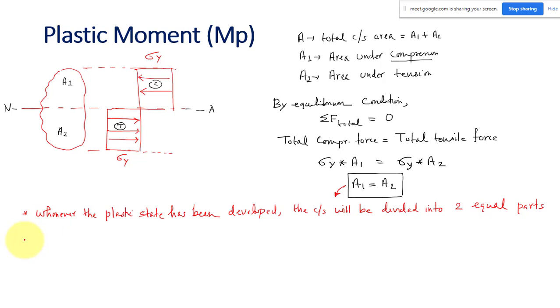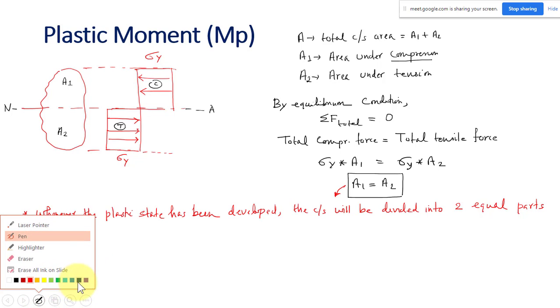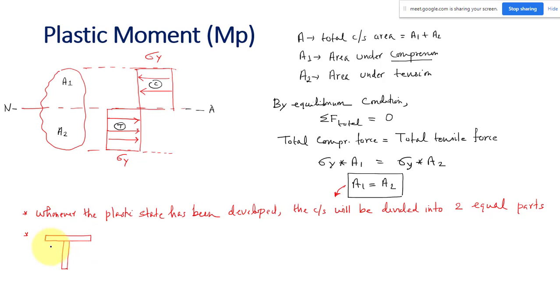Okay. So maybe you can take an example. Suppose you have a T beam. How will you locate the elastic neutral axis? You will find out where the CG is. My CG will be somewhere here. This will be my neutral axis in the elastic state.